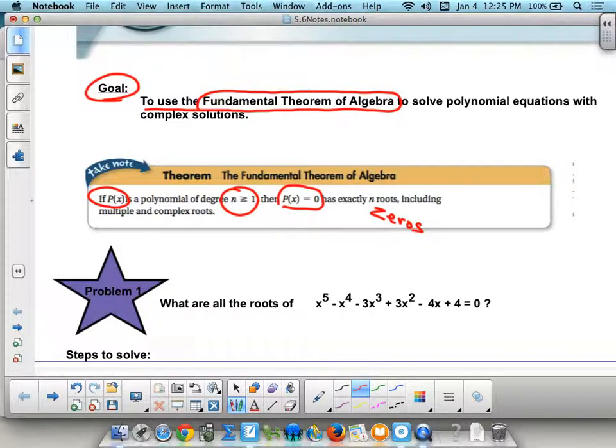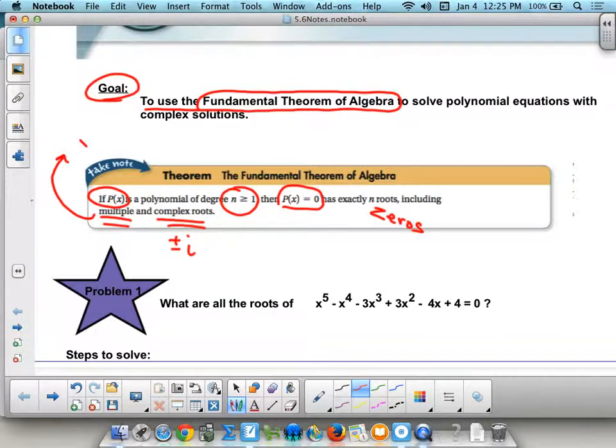Zeros. So if your polynomial is degree 5, it has exactly 5 roots, 5 solutions, including multiple and complex roots. Now what are complex roots? Imaginary numbers. What are multiple solutions?